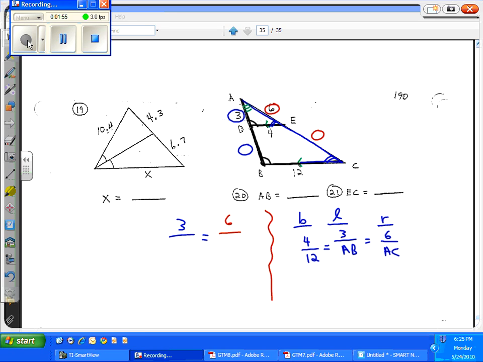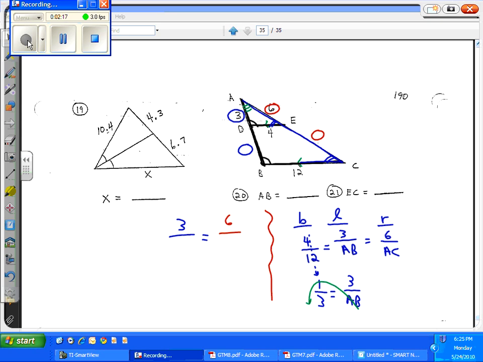So our theorem about a line parallel to a side of a triangle didn't work out, so we moved to something else we could figure out, which is that the triangles are similar. And so we can set up a proportion. You could reduce that 4/12 into 1/3. We could have 1/3 is equal to 3 over AB.